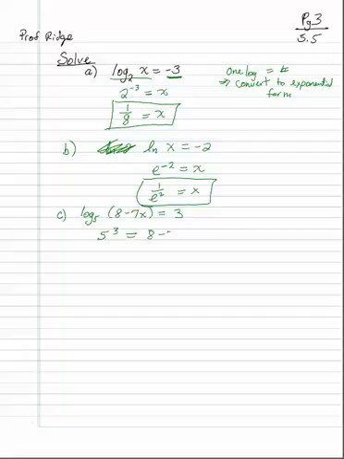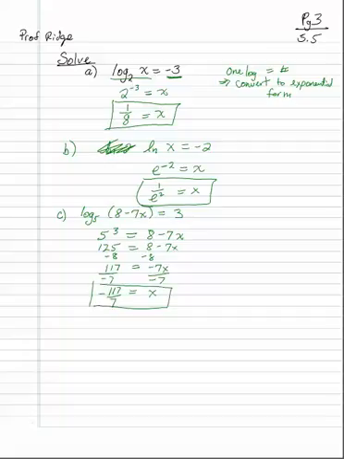And the number inside goes over here. So now we just have a nice linear equation. So solve it. I'm going to get x by itself. I'm going to divide by -7. So x equals -117/7.